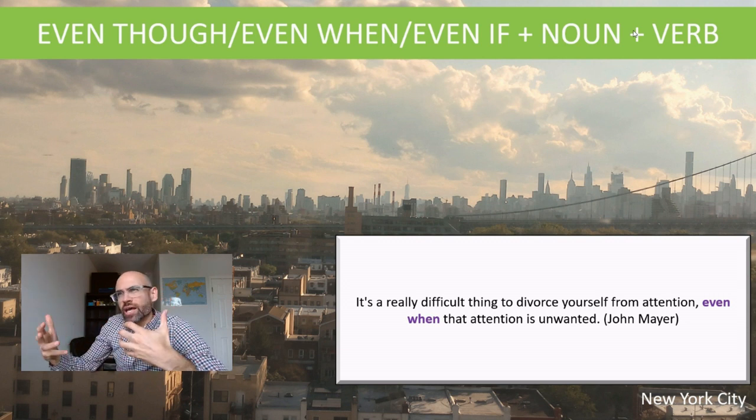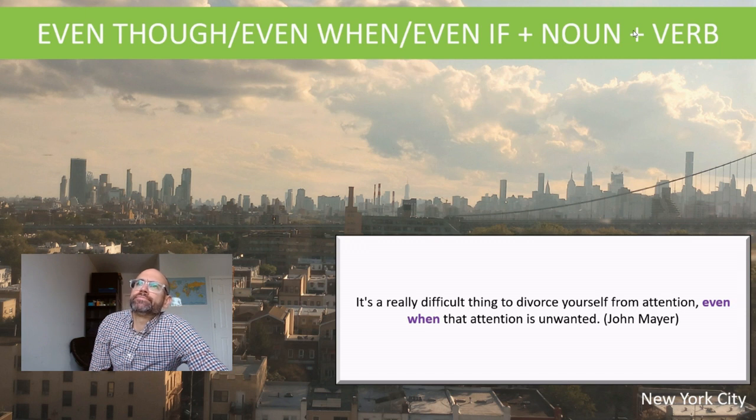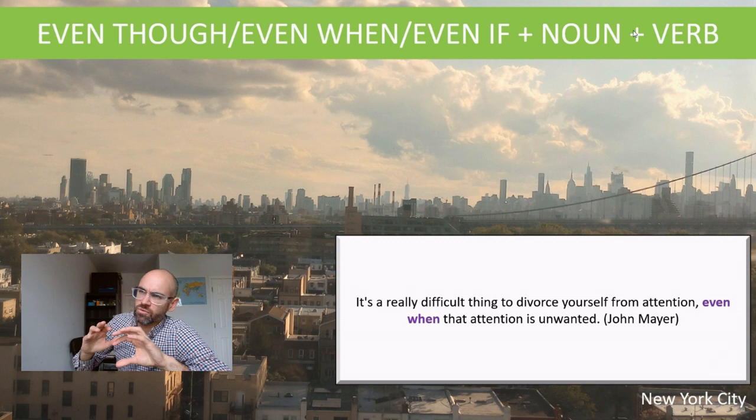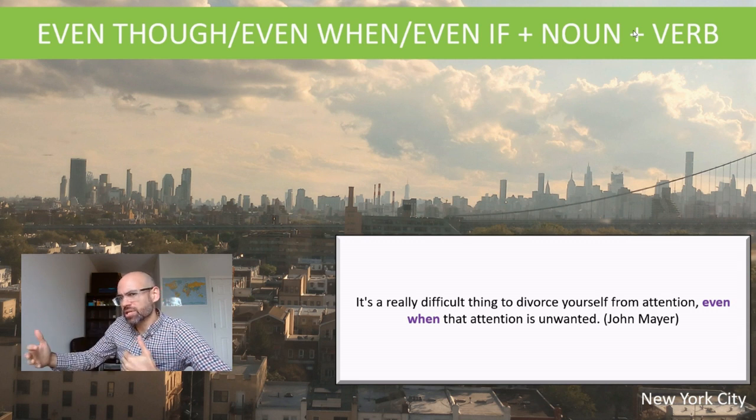Even though is more like referring to some kind of fact, like even though this year started off slow in our department, things picked up, business picked up, or something like that. So even though you would use with facts, and even if, even when, you would use those more with specific circumstances. But make sure you have a noun and a verb, like a complete thought, after those expressions.